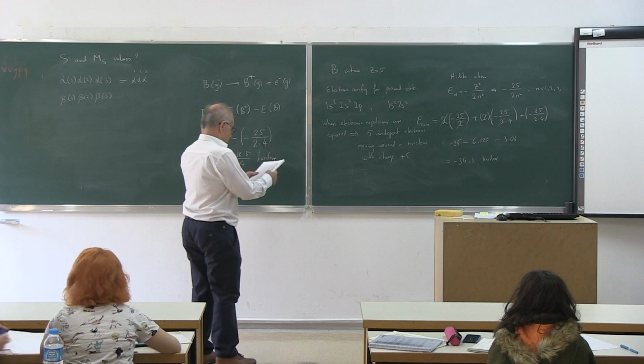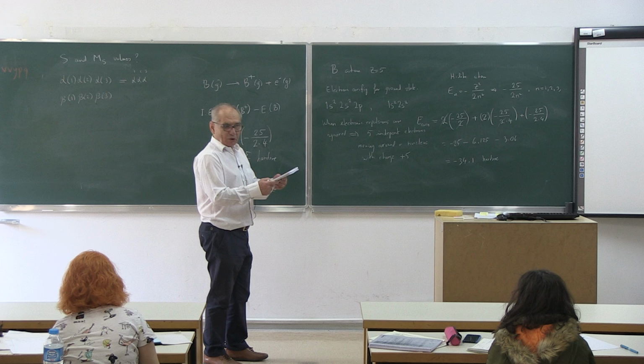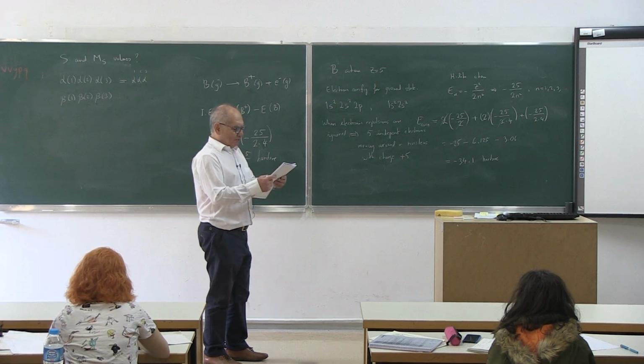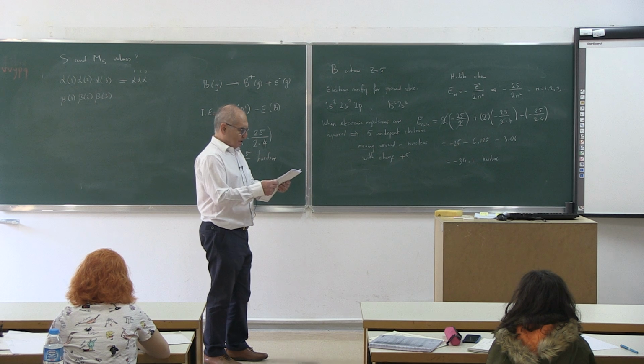This is about the vibrational potential energy function for a diatomic molecule. It says plot a qualitative graph of potential energy V versus R, for R ranging between 0 and 10 angstrom.